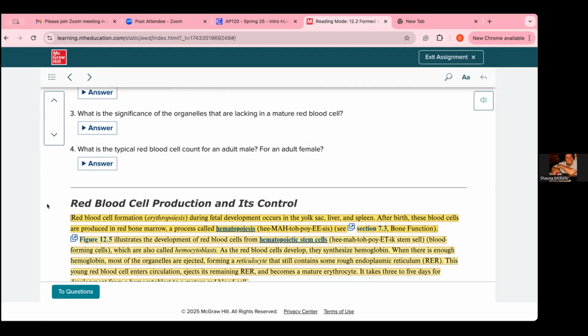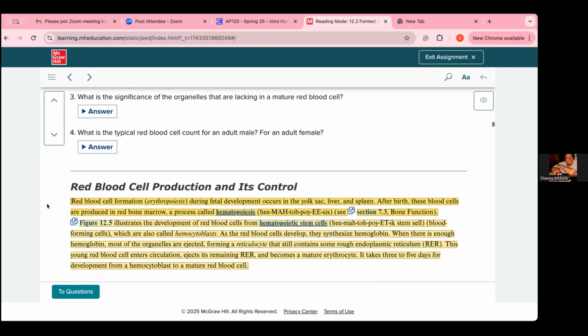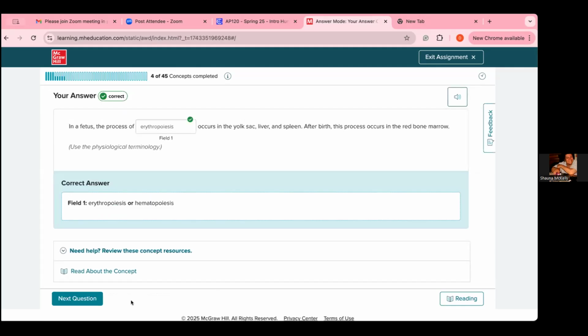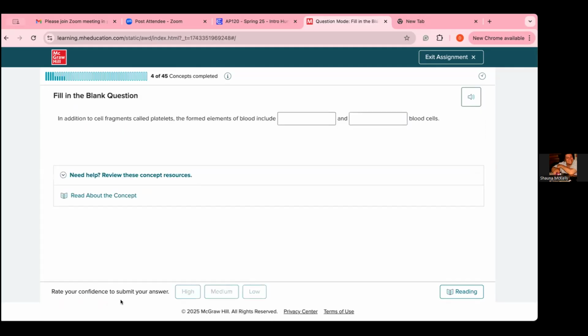Erythropoiesis. Oh, they would have taken either one.